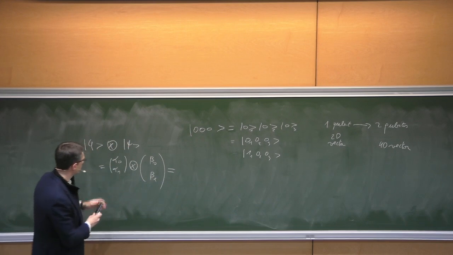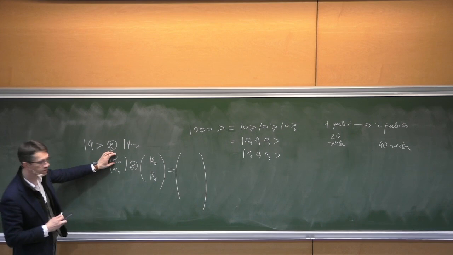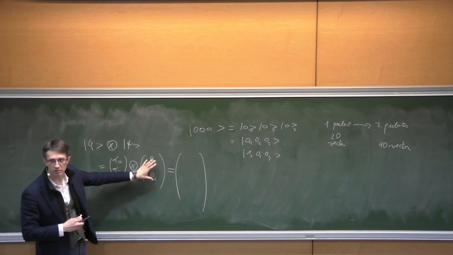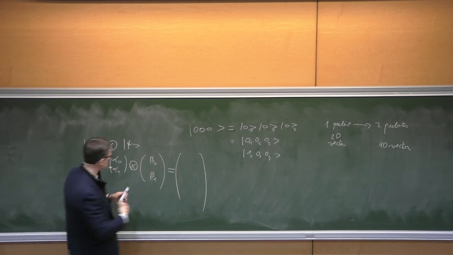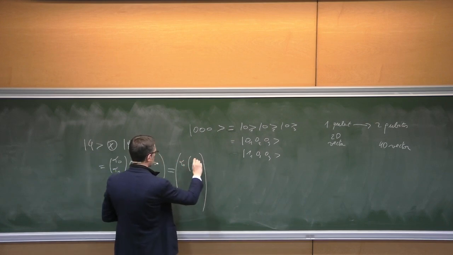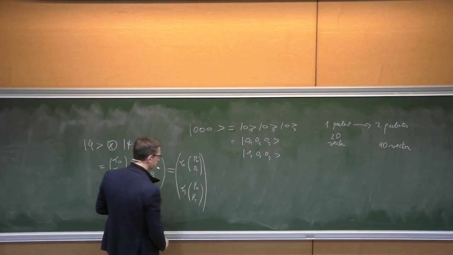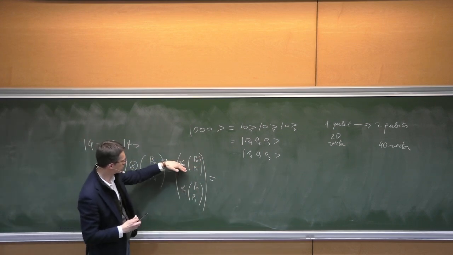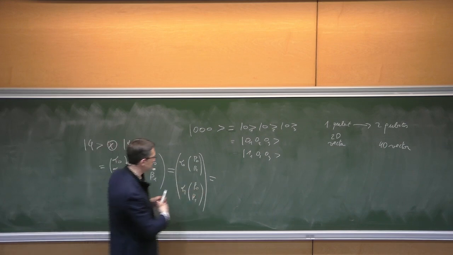The idea is that we have a 4D vector, and what we do is take the first component and multiply it by the second vector, and then take the second one and multiply it by the second vector. So we will have alpha 0 of beta 0, beta 1, and alpha 1 of beta 0, beta 1. That would give us 4 components: alpha 0 beta 0, alpha 0 beta 1, alpha 1 beta 0, and alpha 1 beta 1. Okay?